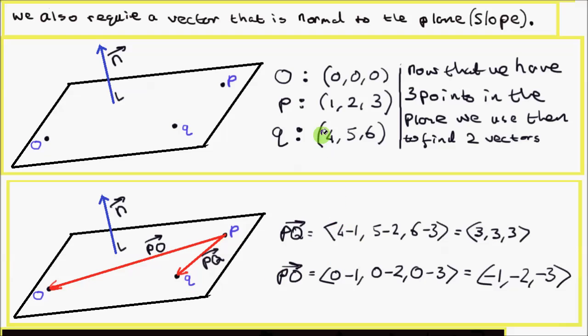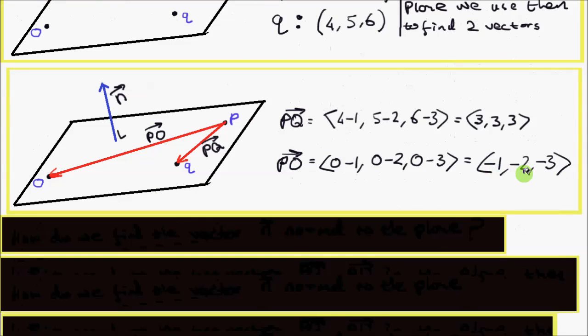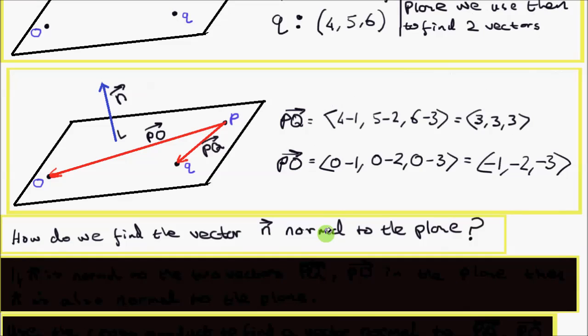When I subtract, for example, 4 minus 1 gives me 3, 5 minus 2 gives me 3, 6 minus 3 gives me 3. These give me the components of this vector PQ. And likewise with vector PO, I subtract the coordinates 1, 2, 3 from 0, 0, 0 to give me this vector PO, and the components of that vector are minus 1, minus 2 and minus 3.